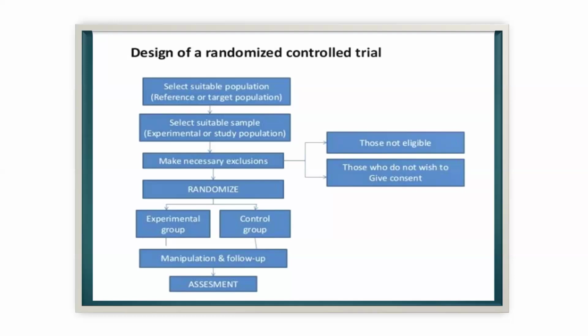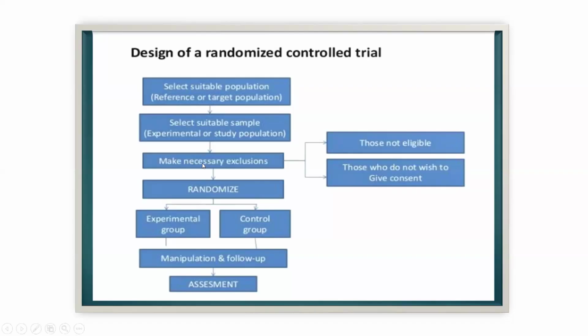After randomization, you can divide the group into experimental group and control group, and if there is any manipulation, you can go for it. And you can do the follow-up, and at last you can make your assessment. This is how you can follow for a randomized control trial.